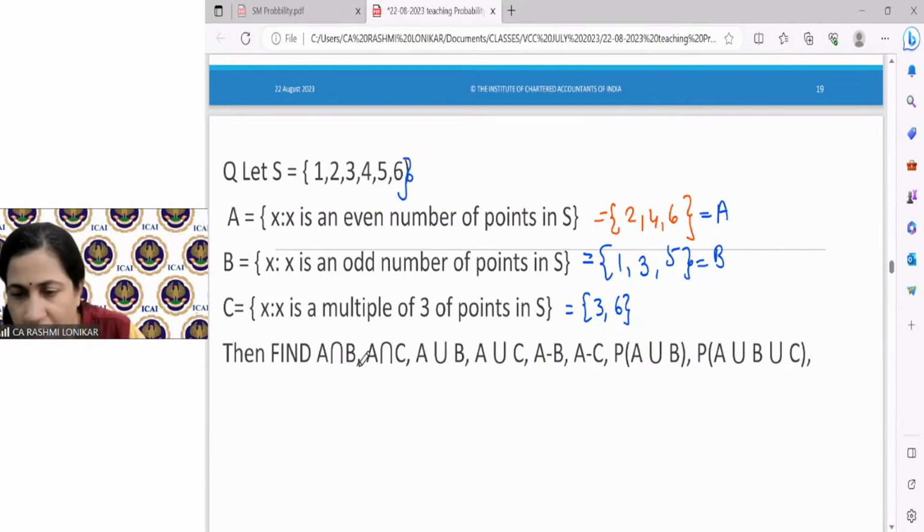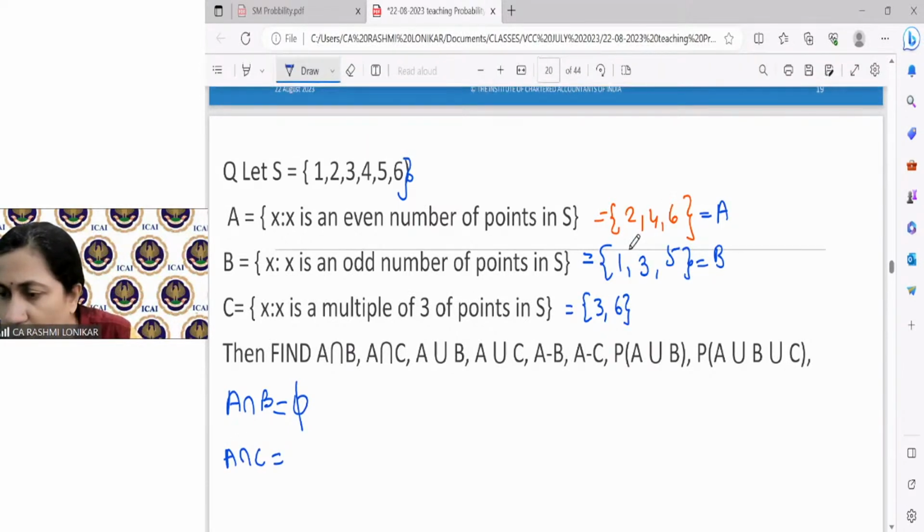Now find out A intersection B. What is A intersection B? Are there any common elements here? No. So this is a null set. Then A intersection C. Anything common between A and C? Yes, the number 6 is common. So you have 6.